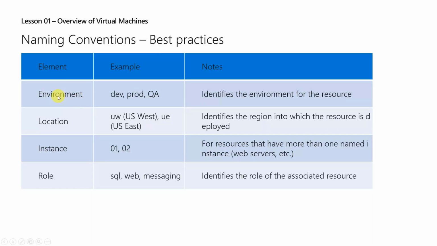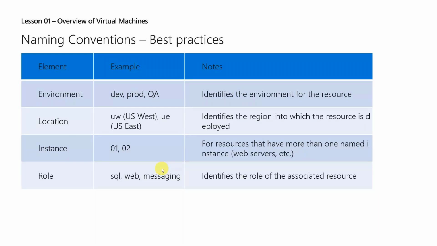So it's important to have the environment name like dev, production, QA in the name of everything, location, a sequence number, and why we are creating it, for what purpose. Maybe it might be for a database, it might be for a web application, it might be for some messaging, all that. And apart from all these, we also have to have a project name or application name or department name, cost center name.